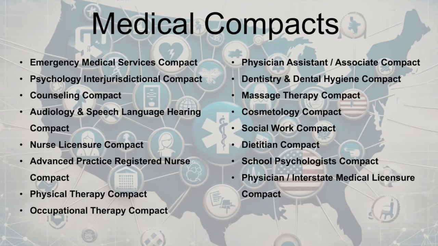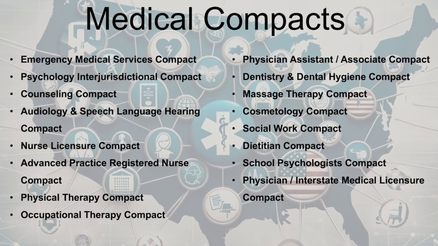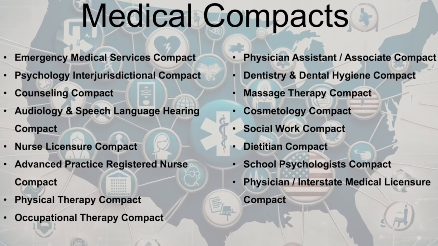Now, it's important to note the compact law went through the same legislative process, and it was an eyes open approach through your entire legislative body when they enter a compact. So I already mentioned there are about 450 compacts, but there are 17 compacts that are what we call occupational, professional, or medical licensing compacts.